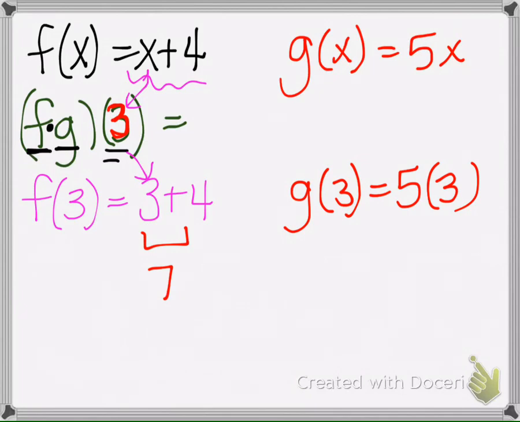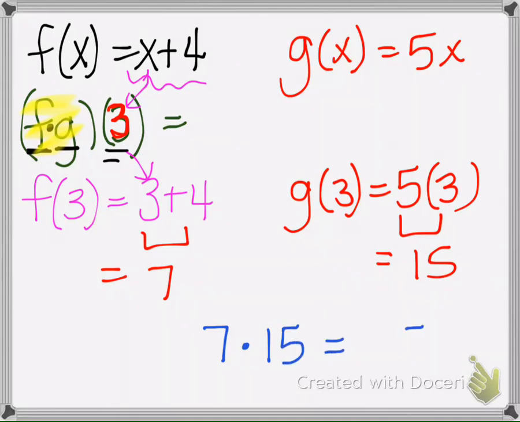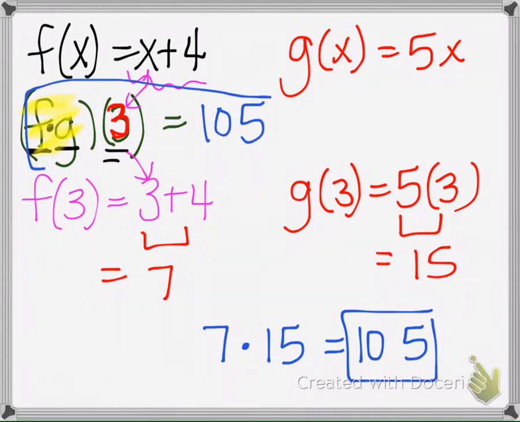And here we get 7, and here we get 15. And it said to multiply the two values. So we would take 7 times 15, and we would get 105 as the value of f times g at the specified value of 3 for x.